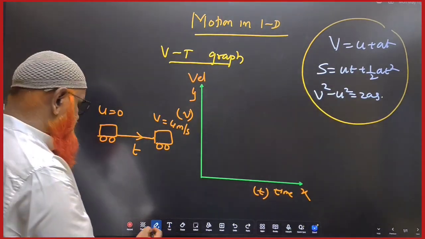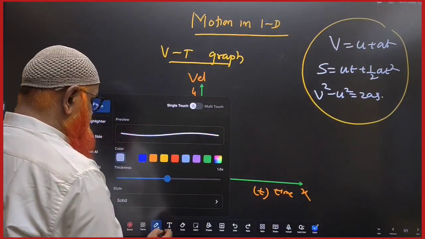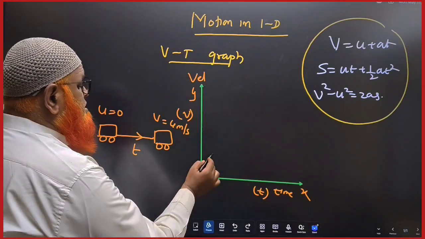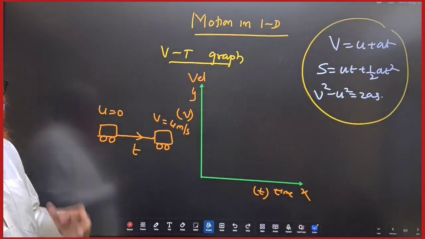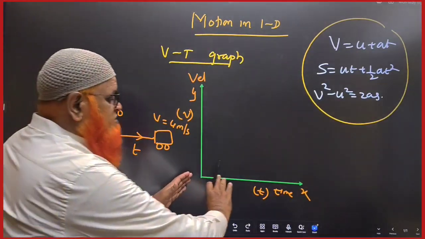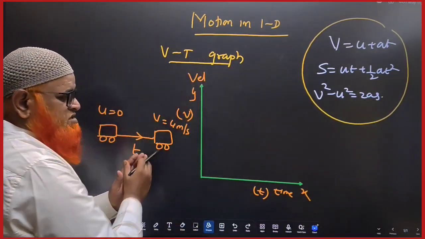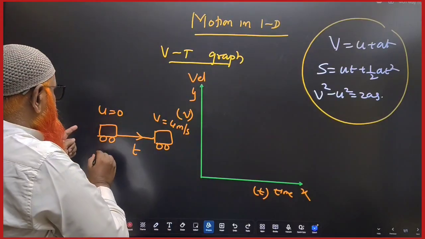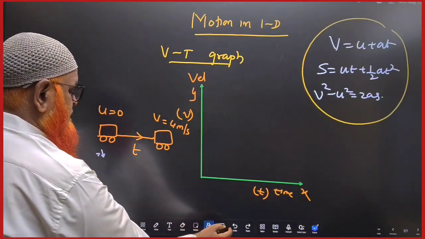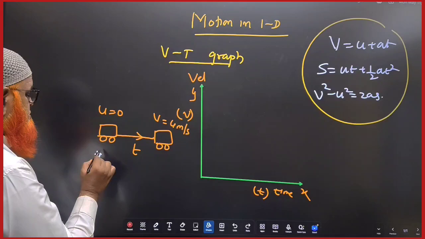Let me draw one graph here to understand that situation. As the body starts from 0, this is time and this is velocity. That's why it is called a velocity time graph. At time t = 0, time starts from here.